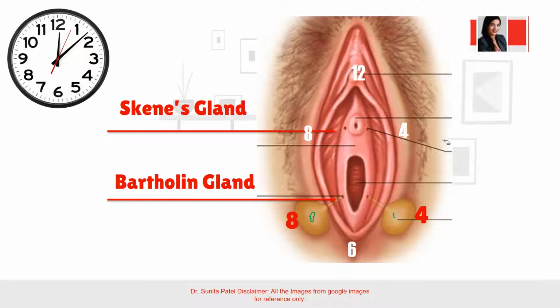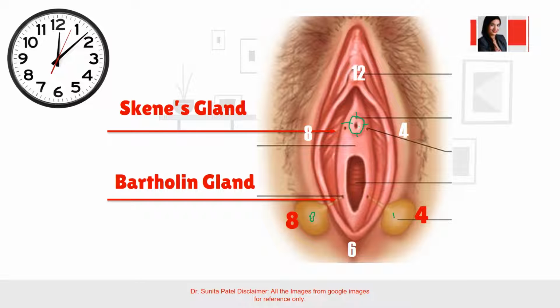Now, where do we palpate these openings, where do we see them in the female body? Assume that we have a clock, with 12, 1, 2, 3, 4, 5, 6, 7, 8. Assume that you are putting this clock over the orifice, the vaginal orifice. On this clock, this will be 12, this will be 6, this will be 3, and this will be 9.